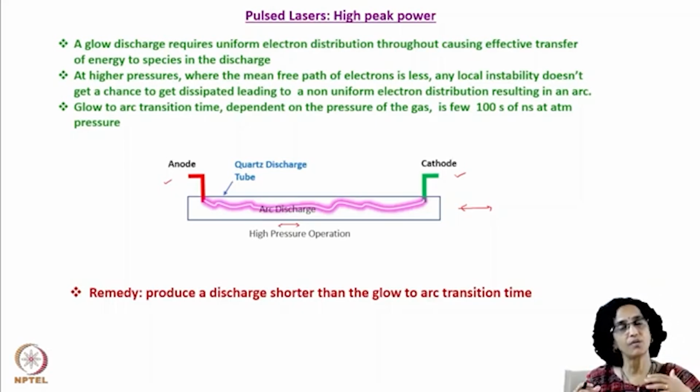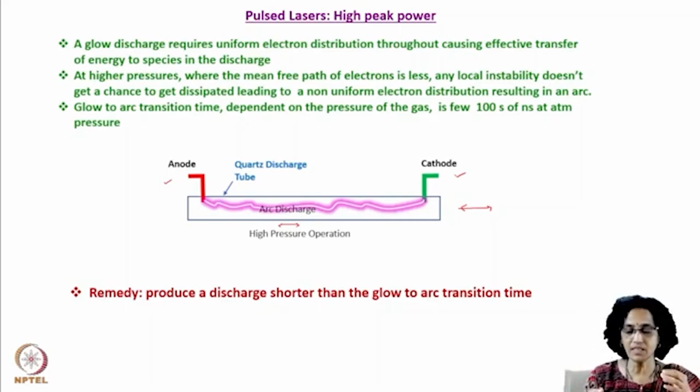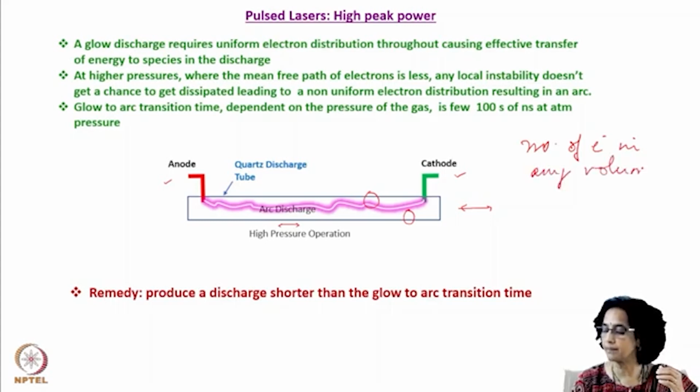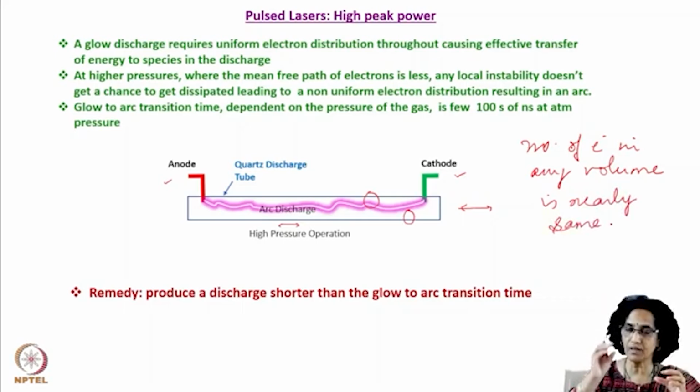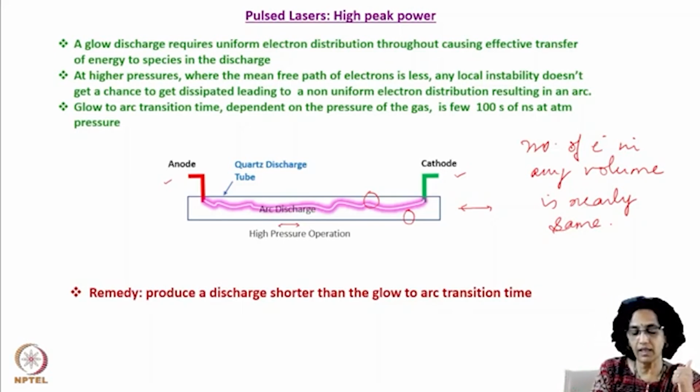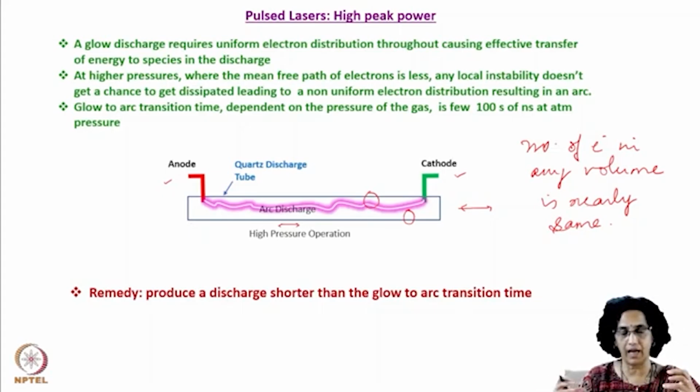When we say glow discharge, we mean that the number density of electrons in any volume is nearly the same. So when the number of electrons in any given volume is equal, you have a uniform flow of current. The current from anode to cathode flows uniformly through the entire active region.